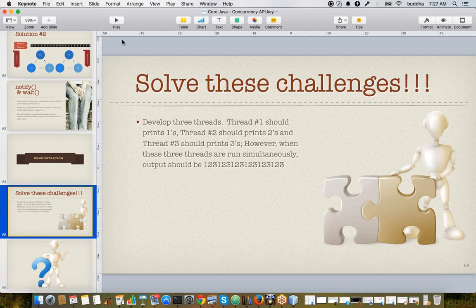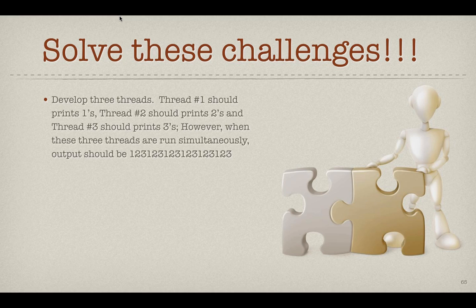I want you guys to try solving this problem. For example, there are three threads. The first thread is printing one, the second thread is printing two, the third thread is printing three. When these threads are run simultaneously, you have to print 1 2 3 1 2 3 1 2 3.